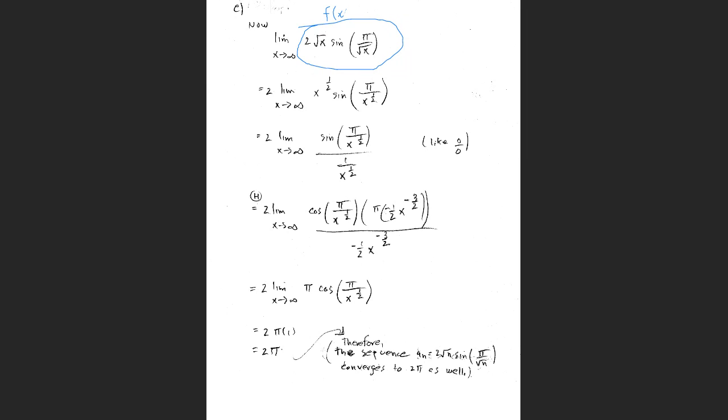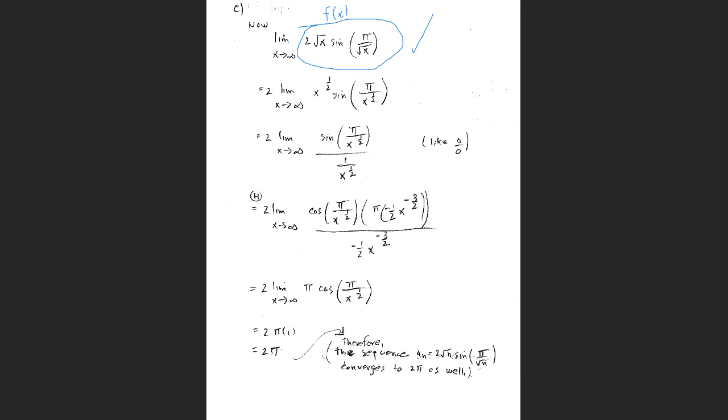Now if I can find the limit of this function, the sequence will approach the same limit, because the sequence takes on the values of the function just for when x is integers. If the function approaches a limit, the sequence will approach that same limit.